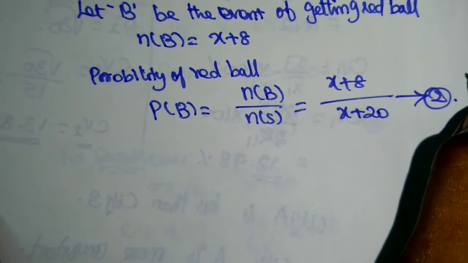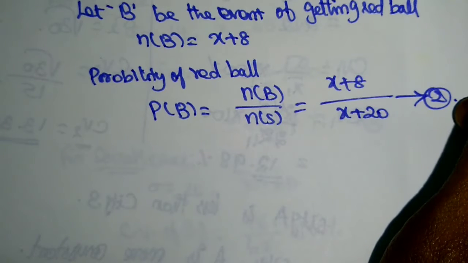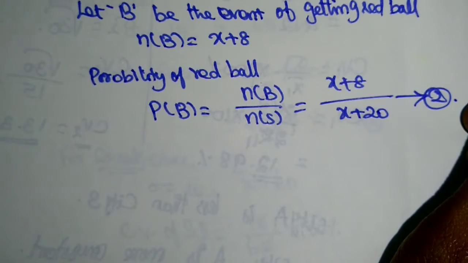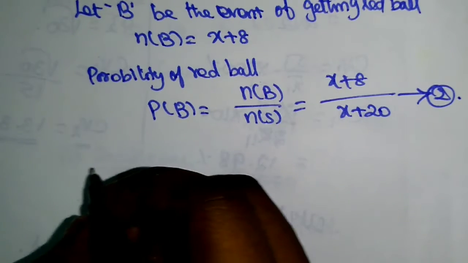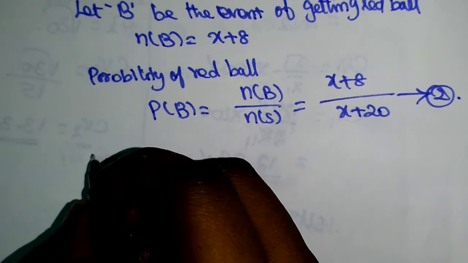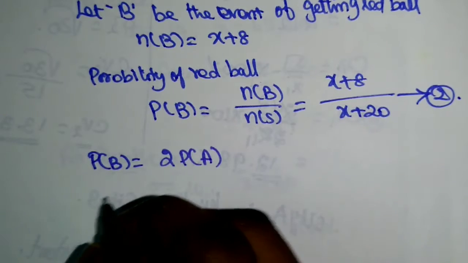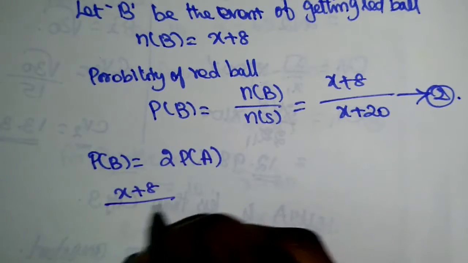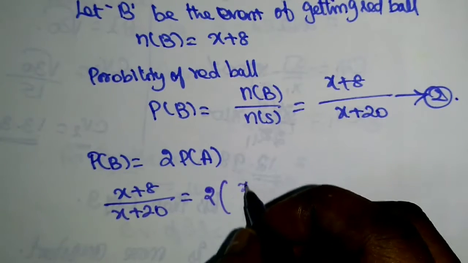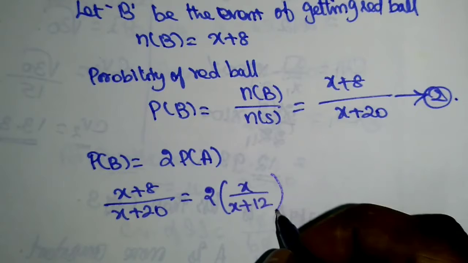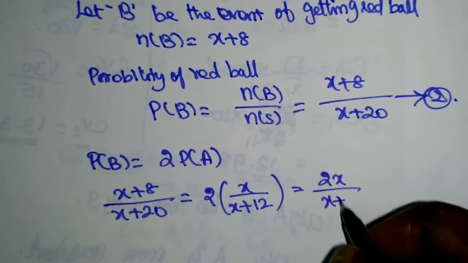Now we have to find x. For that, the probability of drawing a red ball will be twice that of the probability in the first question. So here we get P(B) is equal to 2 into P(A). So P(B), x plus 8 divided by x plus 20, is equal to 2 into x divided by x plus 12, which can be written as 2x divided by x plus 12.